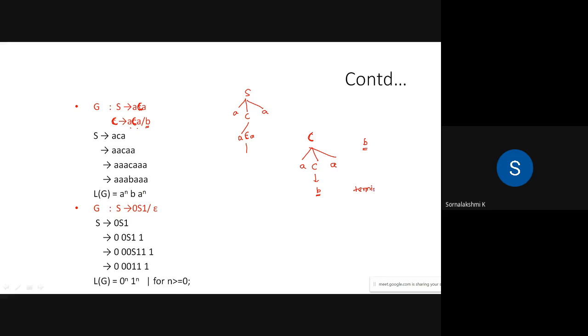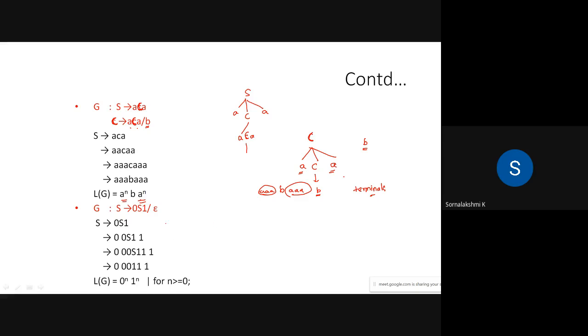So I have to substitute b at last. And the number of a's are balanced on either side. However many times you substitute, you keep writing C again and again, so the a's are balanced. It is an equal number of a's on either side of the b. So that is the language, a^n b a^n. Fine, so this is the language generated by this grammar.